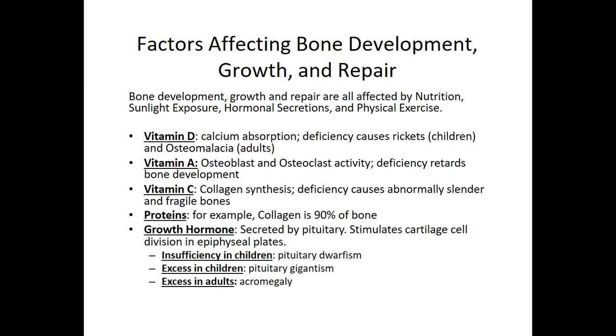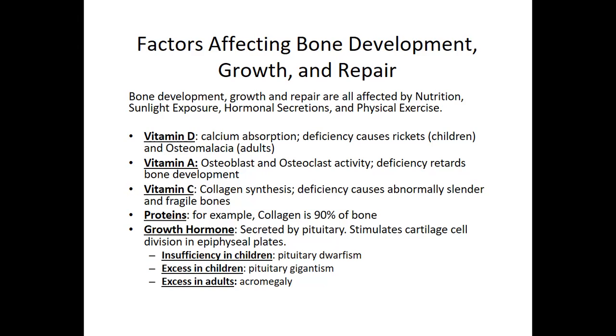It stimulates your cartilage cell division in those epiphyseal plates. So if a child does not produce growth hormone, or produces inadequate levels of growth hormone, that will be a child who ends up being a dwarf.